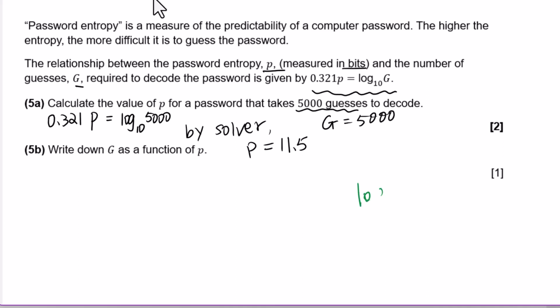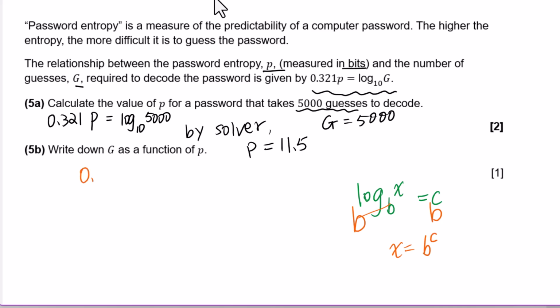5b. Write down G as a function of P. We do know log base B of x equals C. Then you will put B as the base on both sides. Then x equals B to the 6th power.